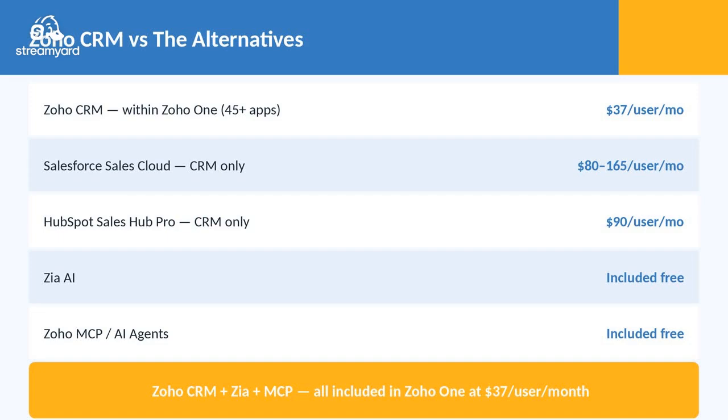Now, if we talk about alternatives or the pricing structure, Zoho CRM is part of Zoho One, which is $37 if you go annual, and it changes if you go monthly. This is all employee pricing. The independent pricing varies, and there is a separate discussion on that. If you watch our first video in the series, which is a detailed video on Zoho One pricing, you will have an understanding. Now, Salesforce Sales Cloud, CRM only.